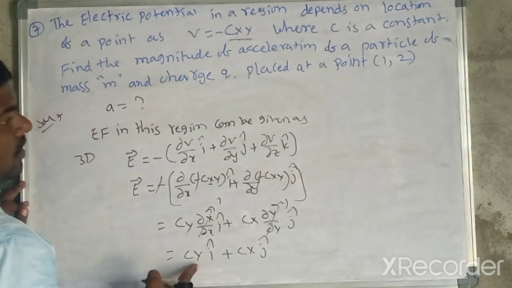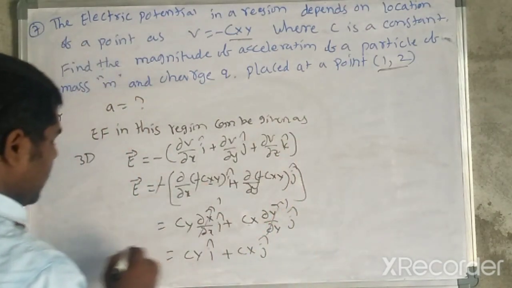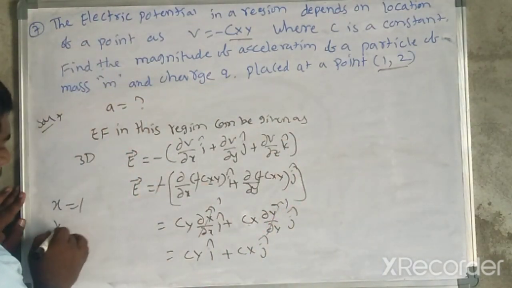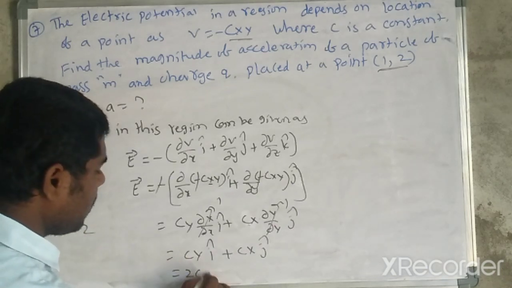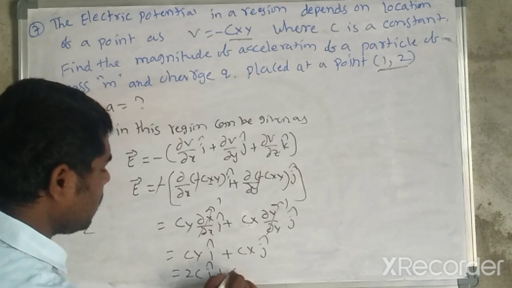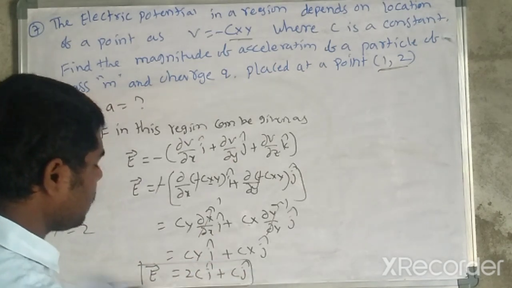At this point, x is equal to 1 and y is equal to 2. Substitute here: 2C i cap plus C j cap. This is the electric field at that point.